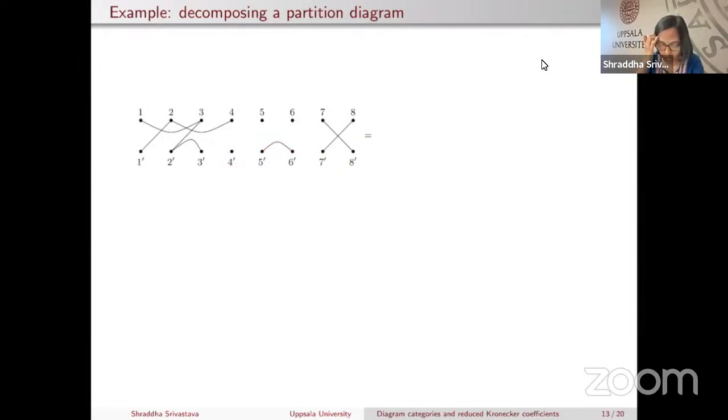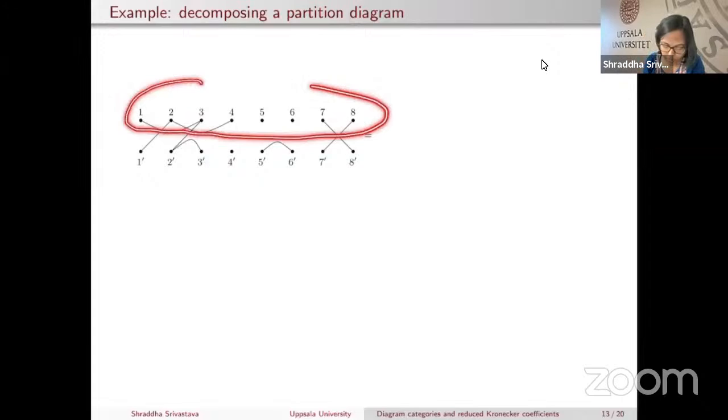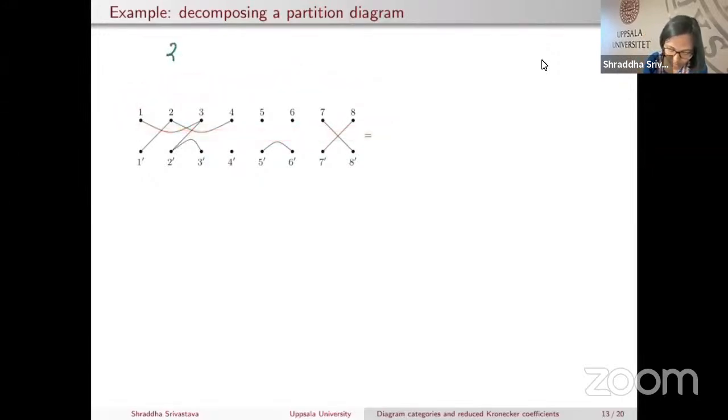What we are going to do is look at the top part of it first and arrange the top part in a certain manner. So we have {1,3}, then {2,4} on the top, and then {7} and {8}.